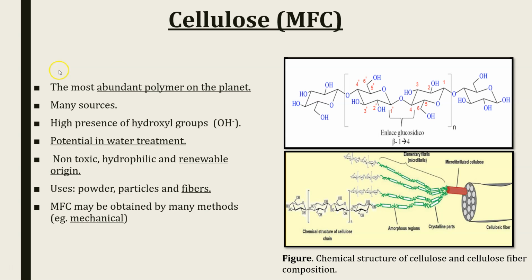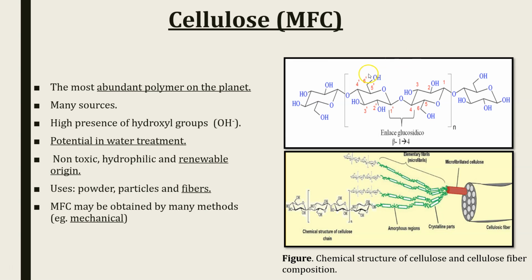Cellulose is the most abundant polymer on the planet. It may be extracted from many sources such as vegetal, animal, or bacterial. From a structural and chemical point of view, cellulose is a linear polysaccharide whose repeating unit is based on two anhydroglucose rings bonded by a glucosidic bond beta 1 to 4.